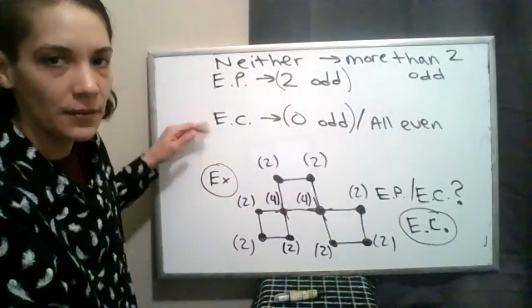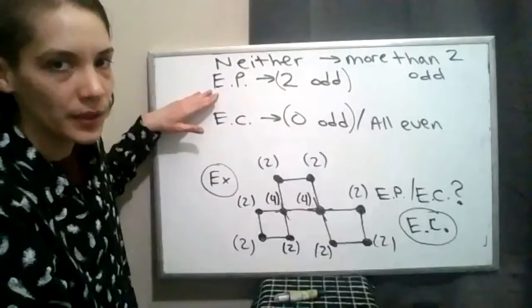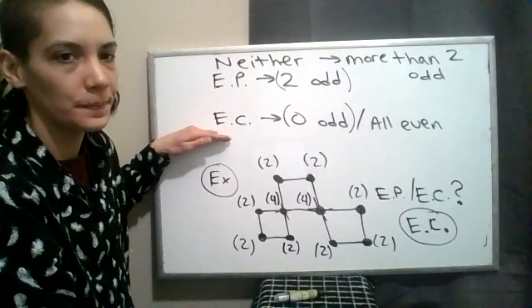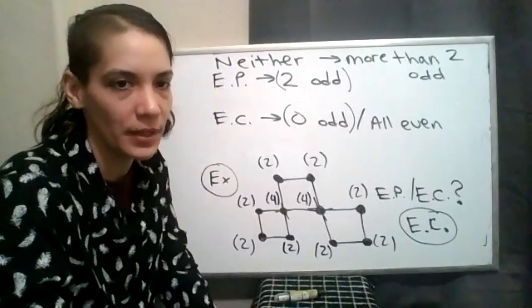I'm just kind of thinking, if it has an Euler circuit, it also has an Euler path, but you use the stronger choice, the better choice.